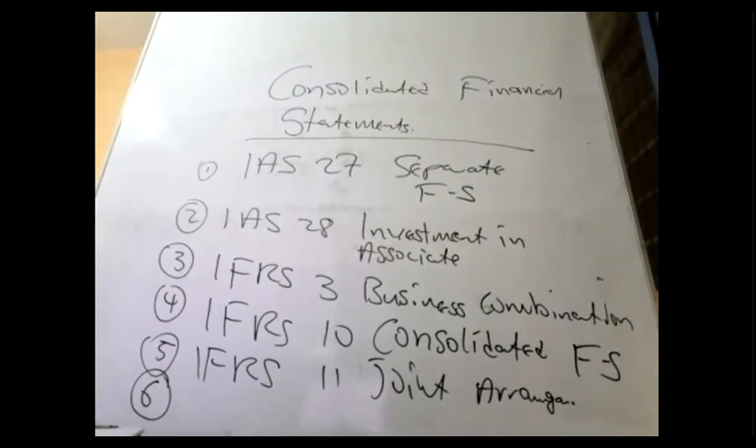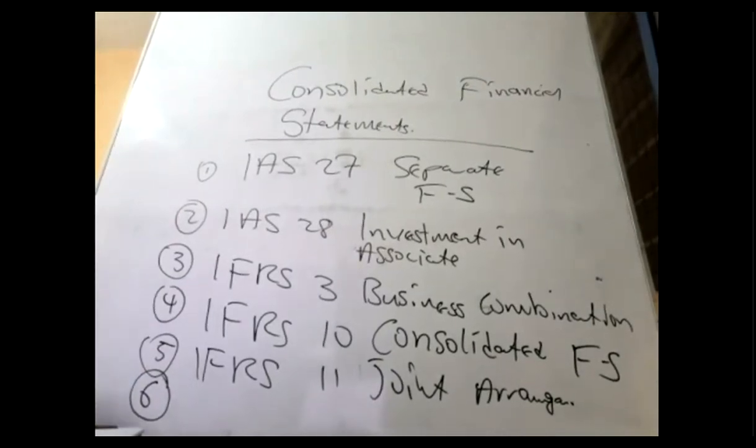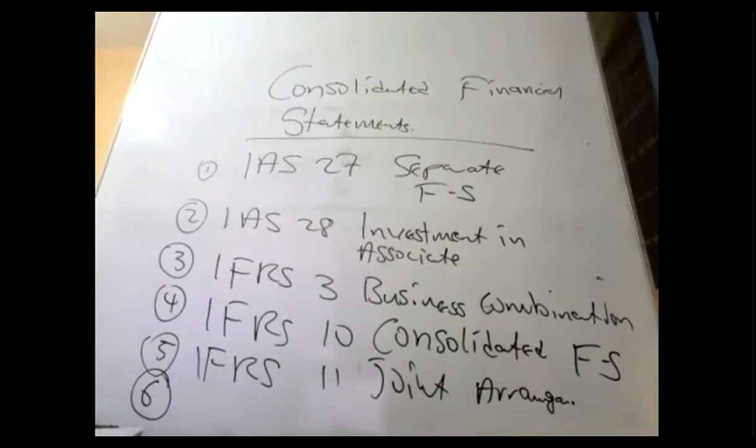So the country that you find yourself in can also give some regulations and requirements through the Companies Code. So in Ghana, for instance, we get it from the Companies Code 2019, Act 992.